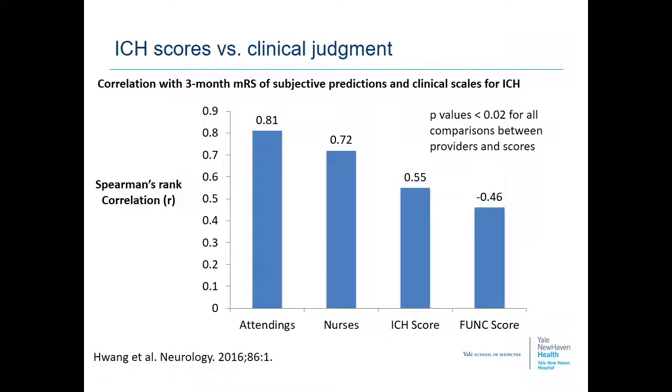The figure on this slide is meant to make a point about how it can be difficult to apply clinical grading scales or population outcome data to individual patients in clinical practice.